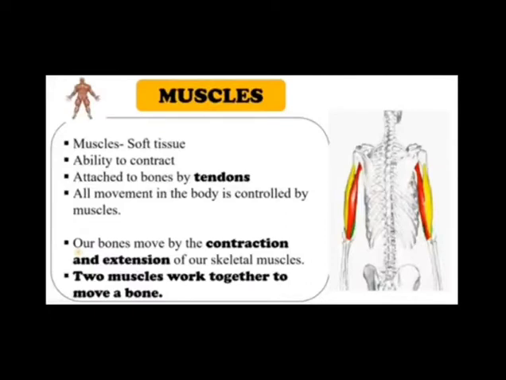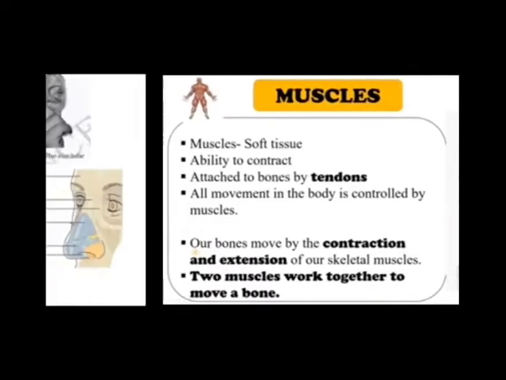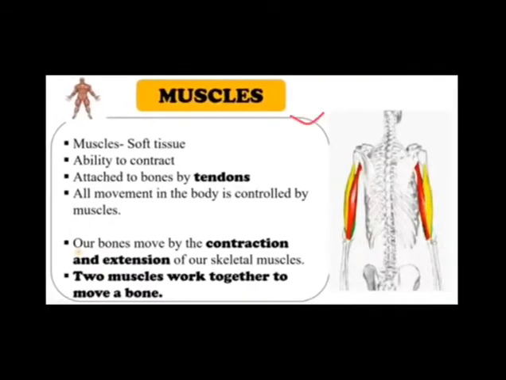Now the next part is the muscles. Muscles are soft tissues which have the ability to contract, and they are attached to the bones by the tendons. So what are tendons? As we all know, bones alone cannot move by themselves.